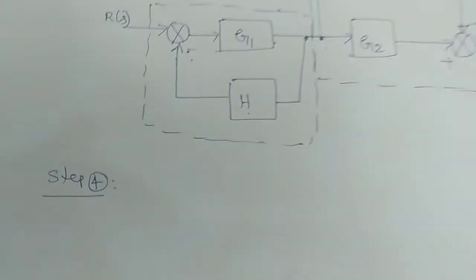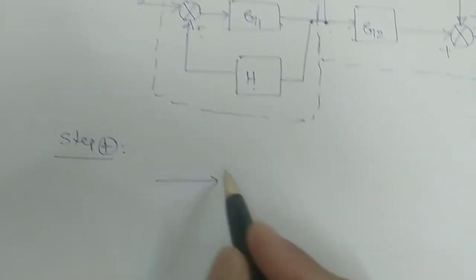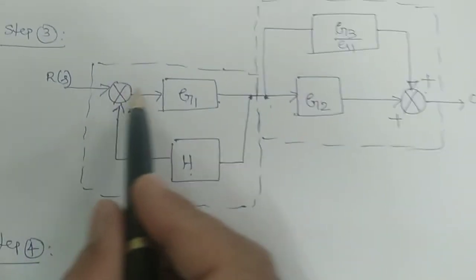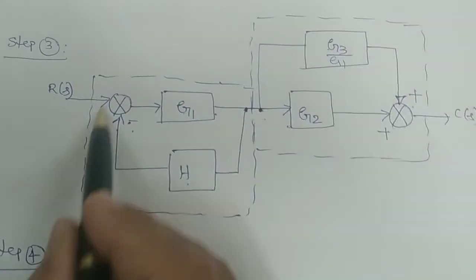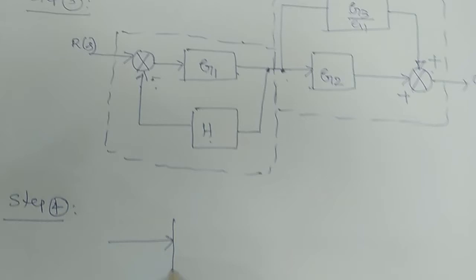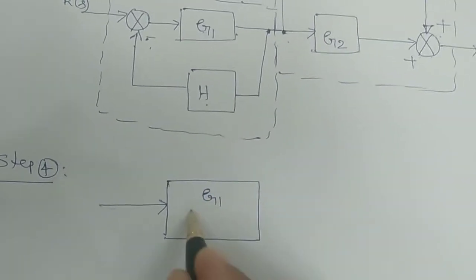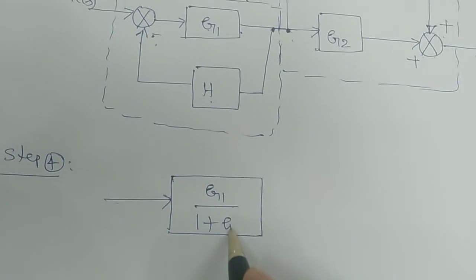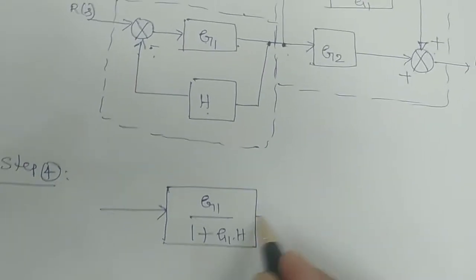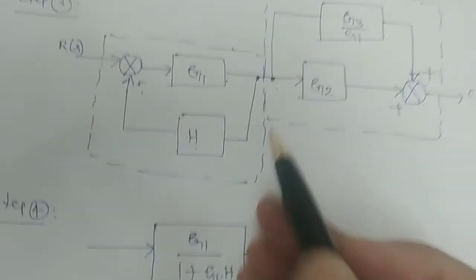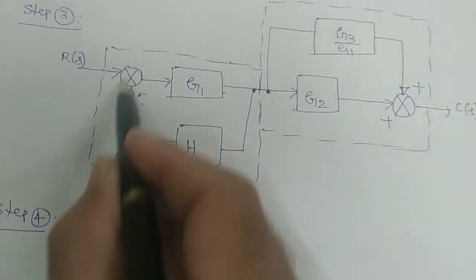In step number 4, because of this total I am simplifying, simply you can write like this. It is G1 by 1 plus G1 into H. That is the simplified version of this block, this loop.